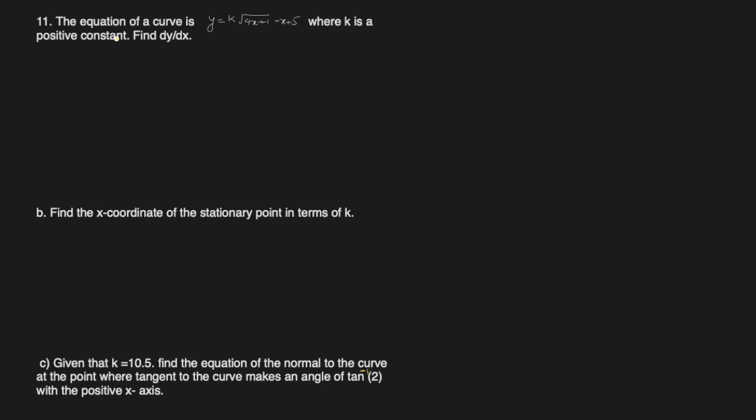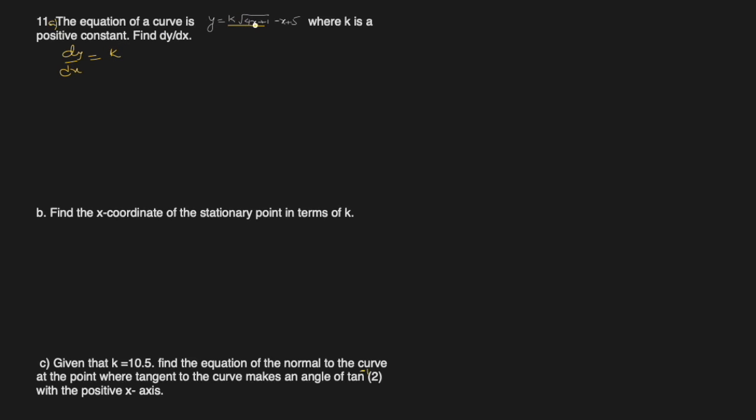Question 11. The equation of the curve is this and k is a positive constant here. Find dy over dx. That means we have to differentiate it. This is the a part. So simply dy over dx will be the differentiation of this first, where k is a constant, so k will remain k.